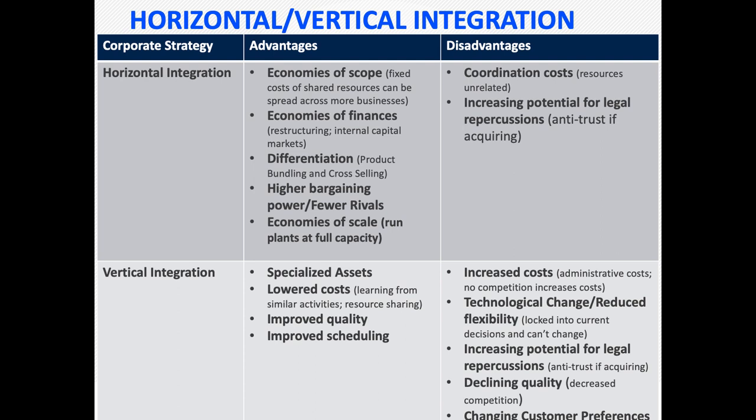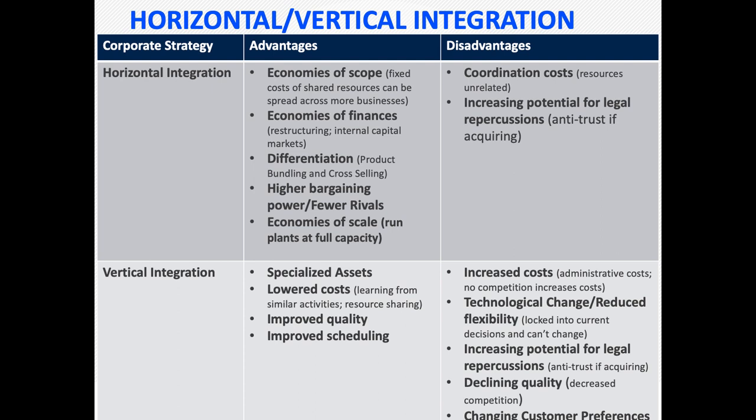Think back to that divisional structure diagram from the organizational structure lecture. Companies that have lots of different businesses like that are almost always set up in a divisional structure, and it can be very hard and expensive to coordinate across very different businesses.